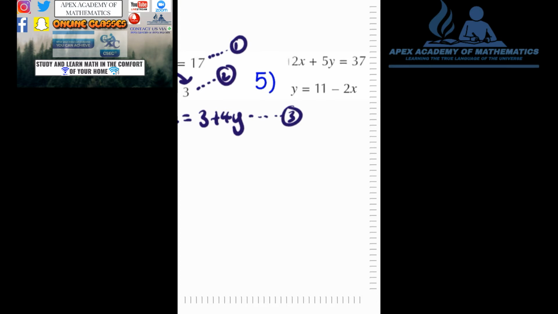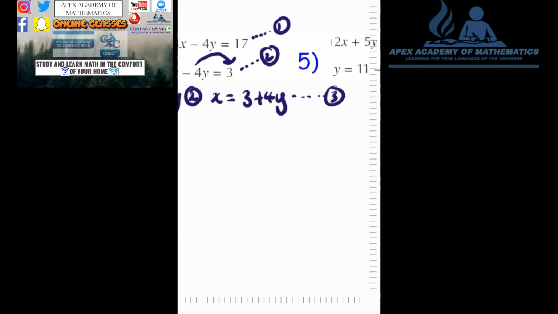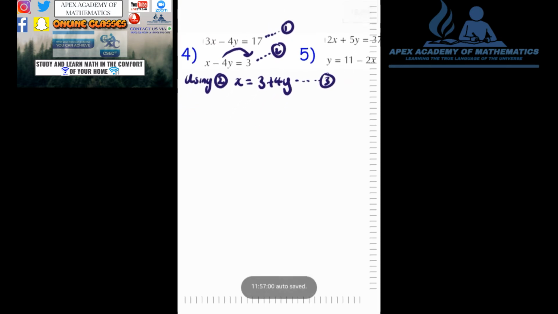So the substitution method is the method by which a third equation is created. To create the third equation, you simply have to make the variable with the coefficient of 1 become the subject of that equation.